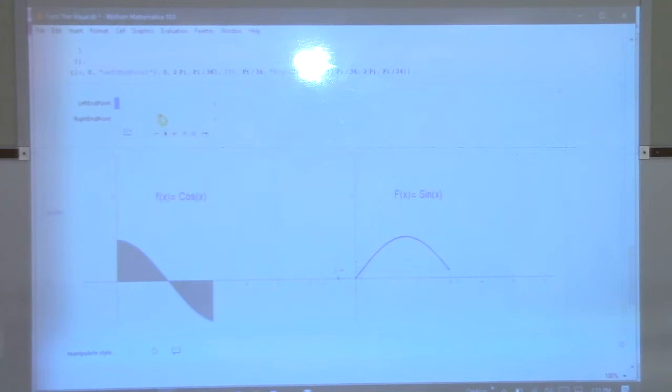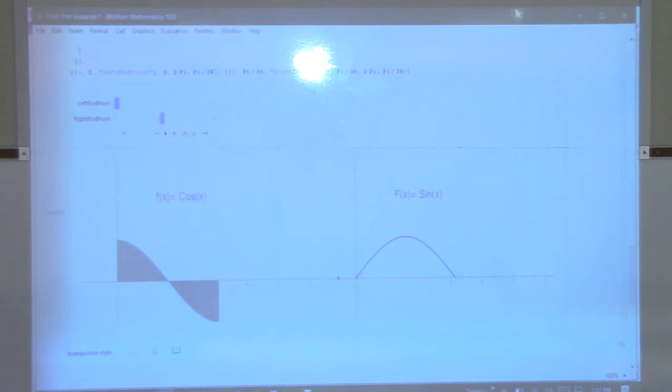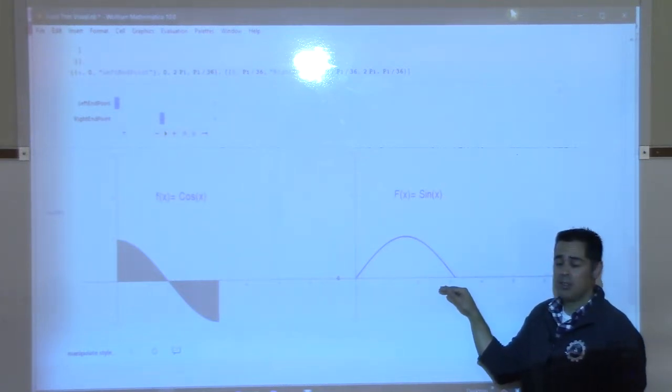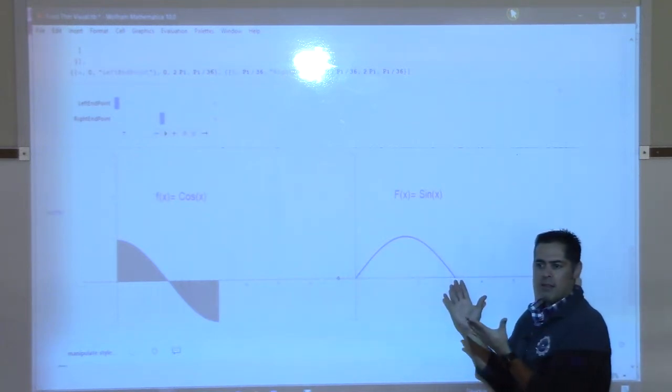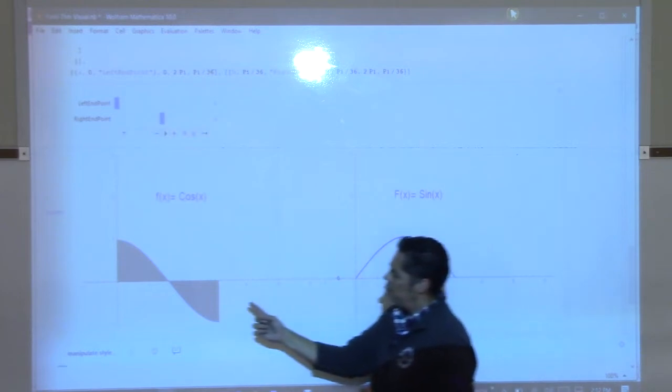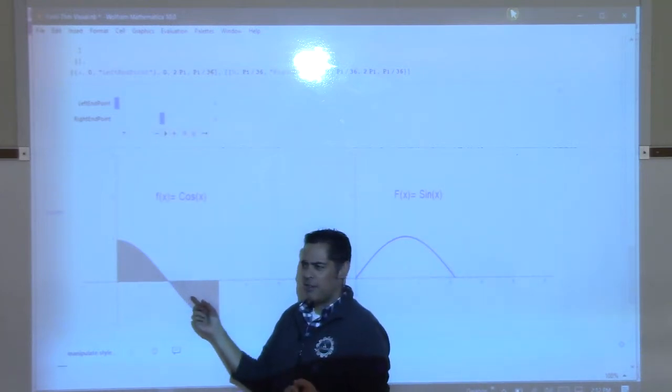Okay. Oh, wow. What's the area here? Well, okay, according to this, right, what's the answer? What's the difference between these two y-coordinates? 0, right? But you can't have negative area, right?